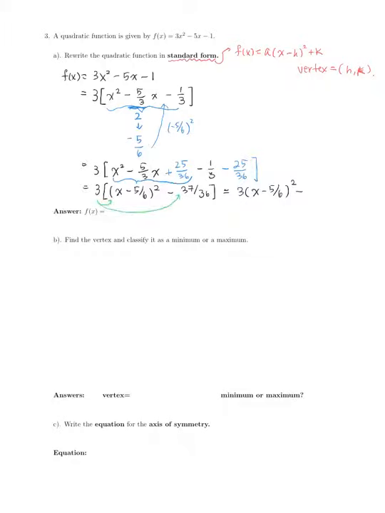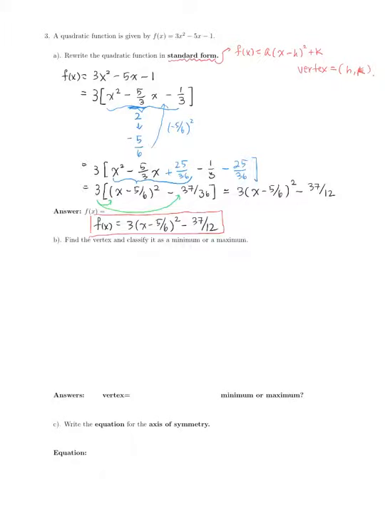You can cancel the denominator, 3 into 36, and here what we're going to get is 37 over 12. So f of x is 3 times x minus 5 over 6 squared minus 37 over 12. Let me just box that for the answer.